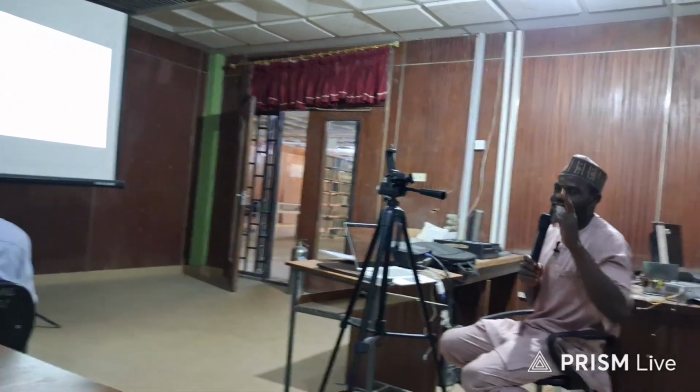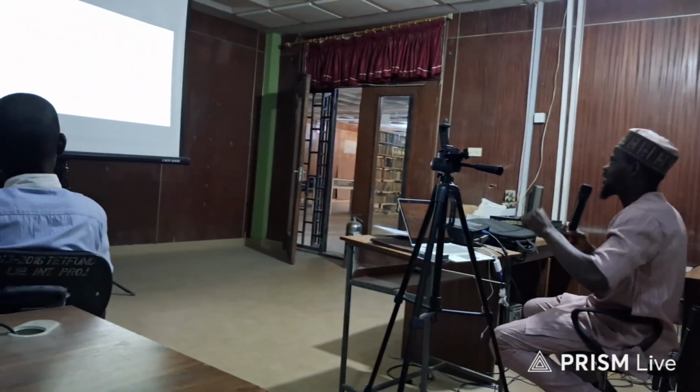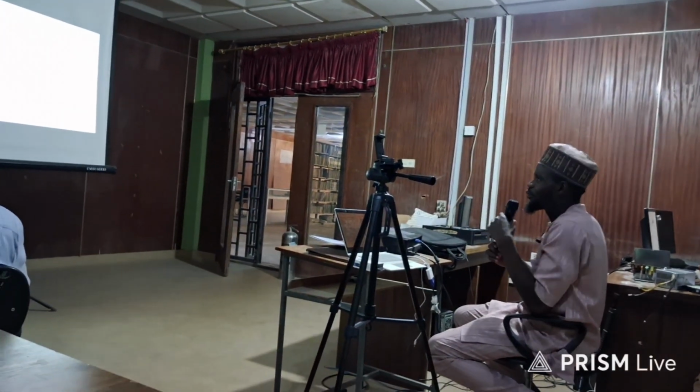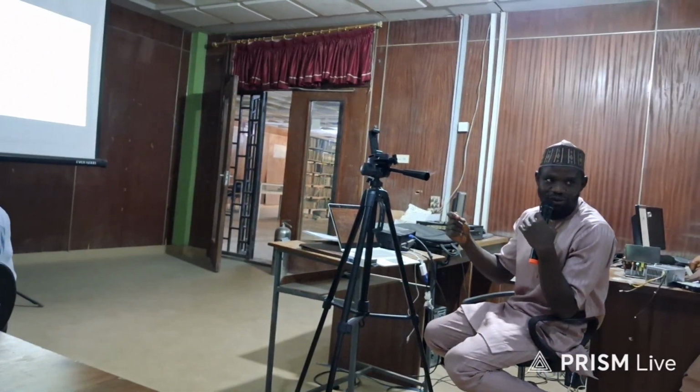Now, this def that you are seeing, when creating any program, you must define it. That def is for define. The underscore rental fees means probably the rent of something.